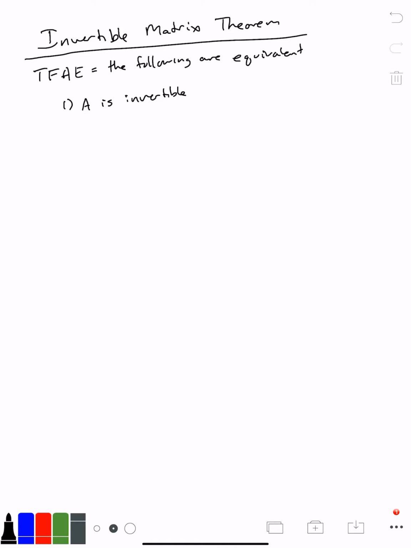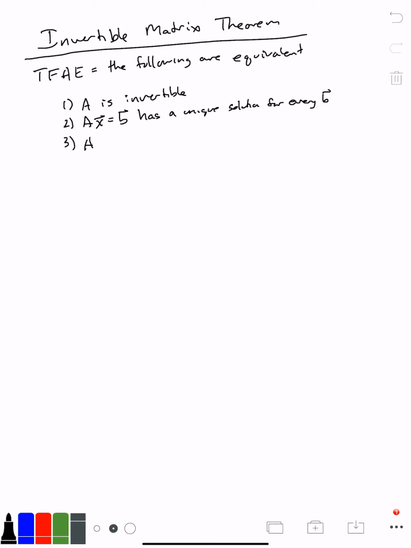All right, so if you have an invertible matrix, that is the first condition that we are going to talk about. Well, another one is going to be that Ax = b has a unique solution for every b. This was the actual condition I had in the previous section, I think it was 2.2, that if you have any b at all, you're always going to have exactly one solution.